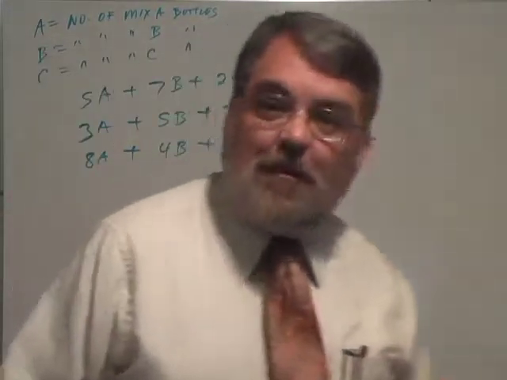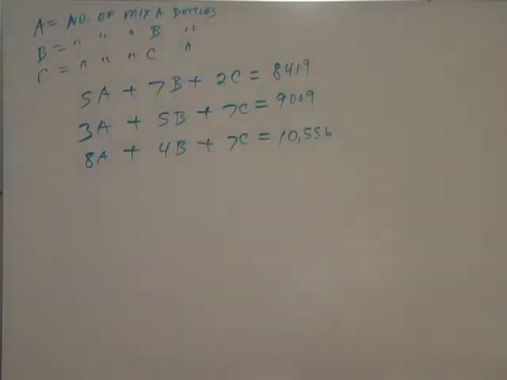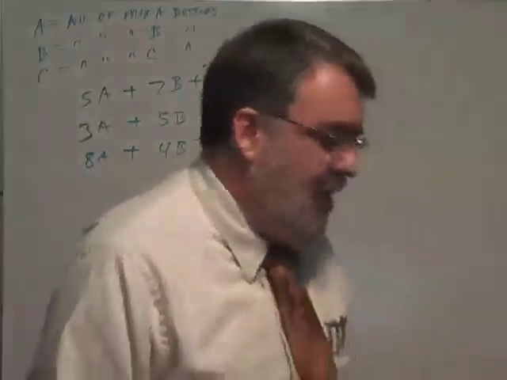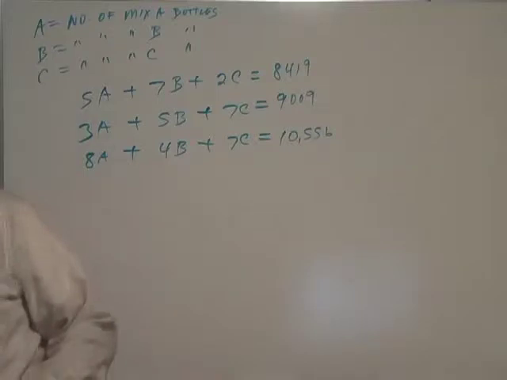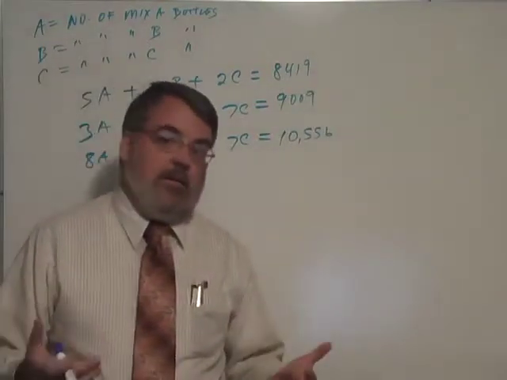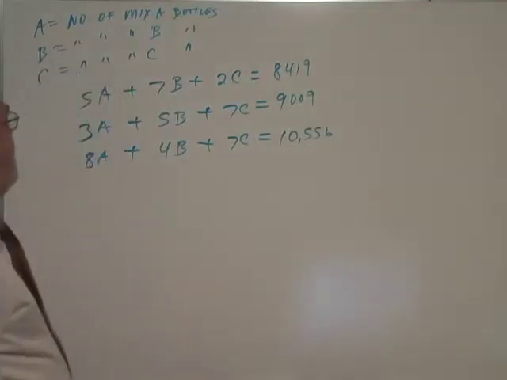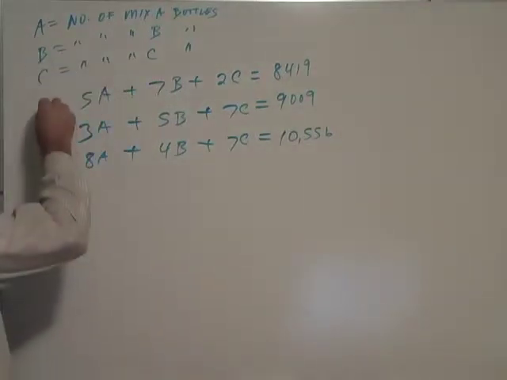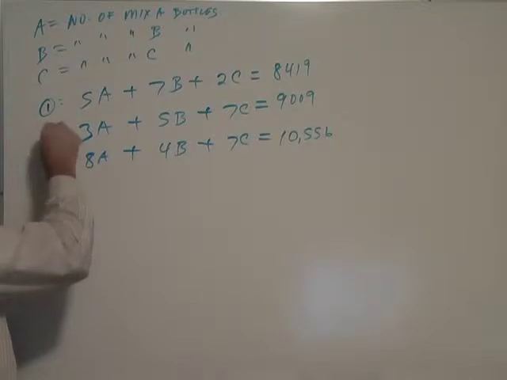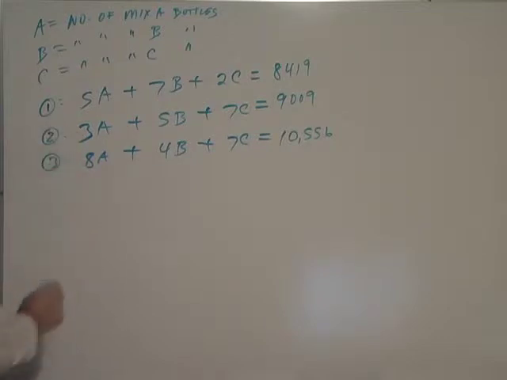Everybody has a calculator. It's going to work just like any of these problems, except we'll probably want to use a calculator. Alright, so let me label these: equation 1, 2, and 3.